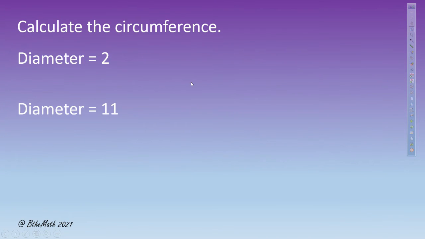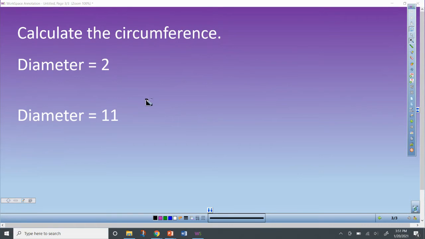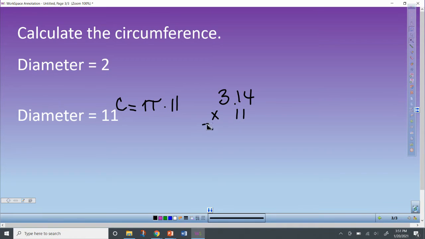All right, a diameter of 11, it would just be pi times 11. And so 3.14 times 11.